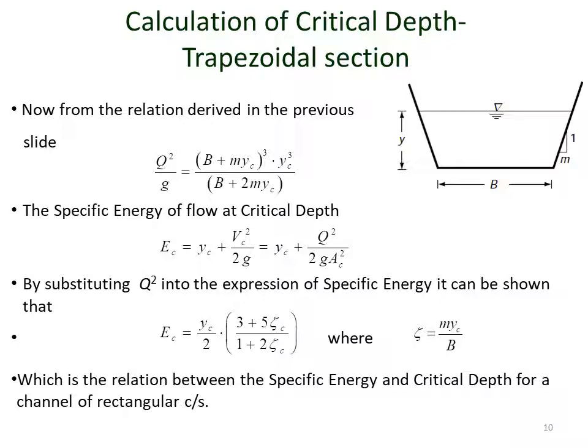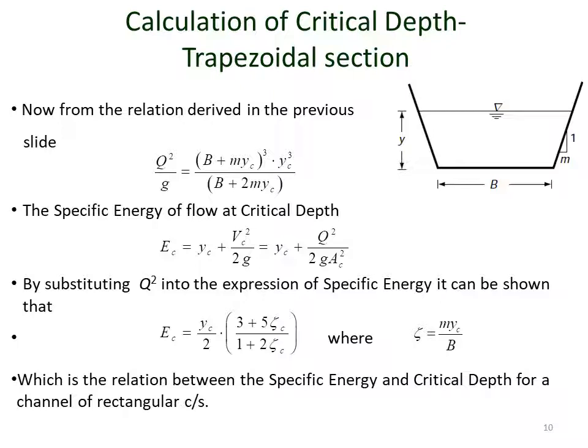Now, again invoking the classical mathematical expression for critical condition given by capital Q squared by G is equal to A cube by T, and substituting the values of the cross section and the top width from the previous slides, we can arrive at the first equation of the slide.